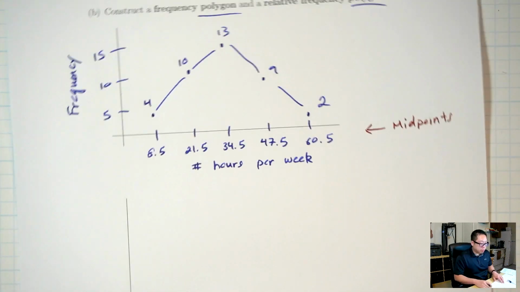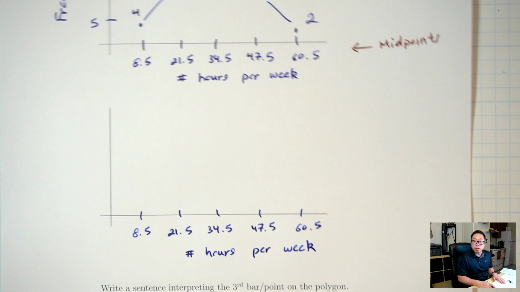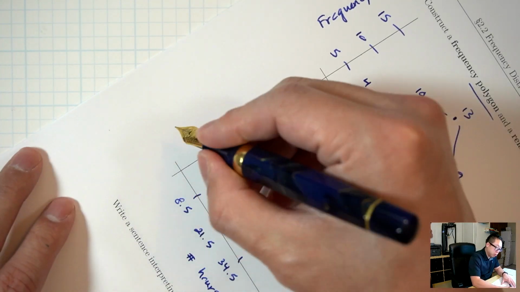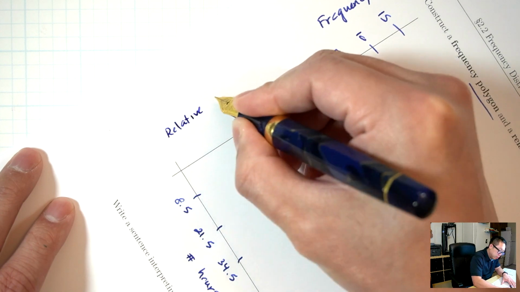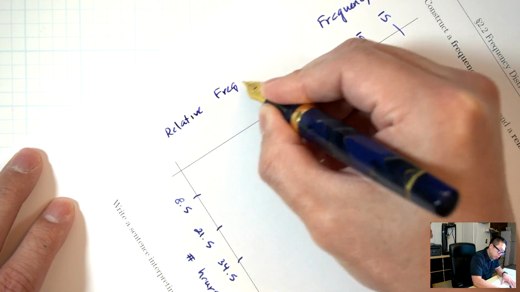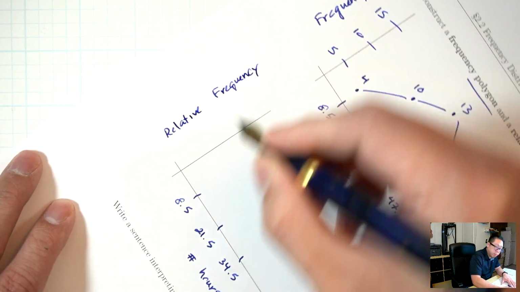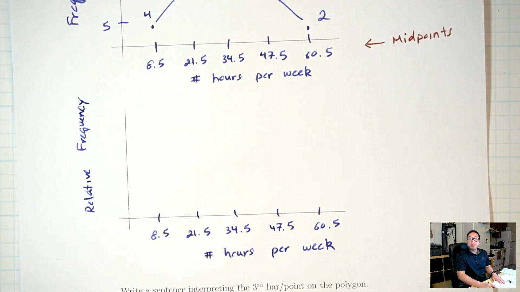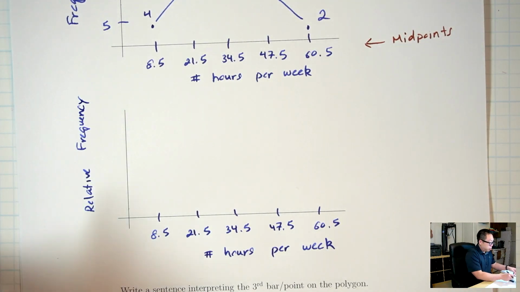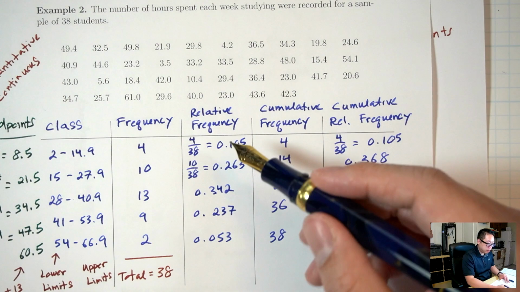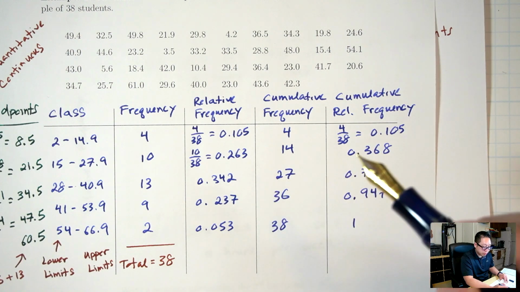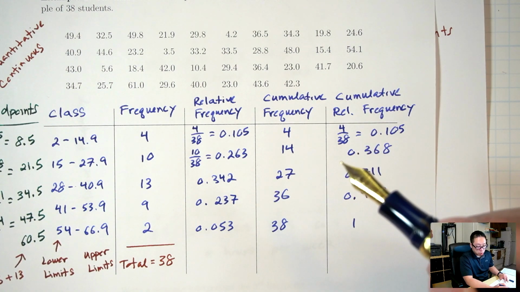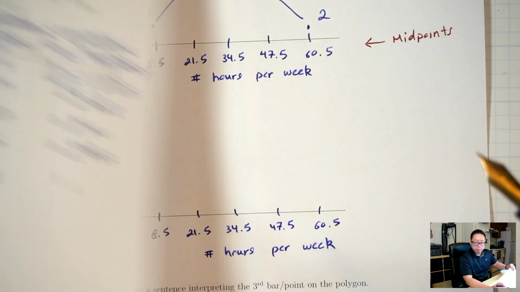Okay, and then for a relative frequency polygon, we're going to put the relative frequencies on the y-axis. My relative frequencies are these numbers. 3 decimal places here, and going up to 0.342. I'm going to go by 0.100, 0.200, and so on.